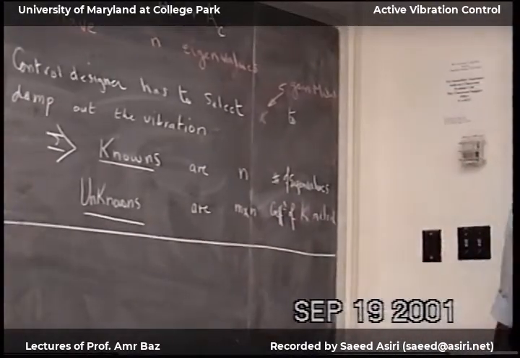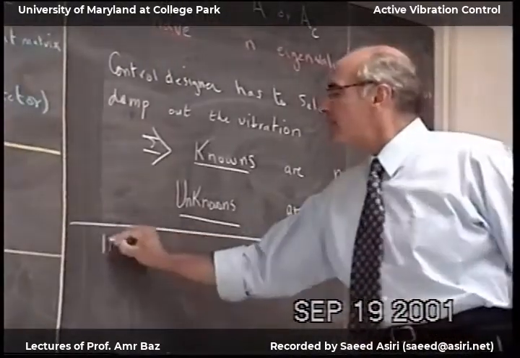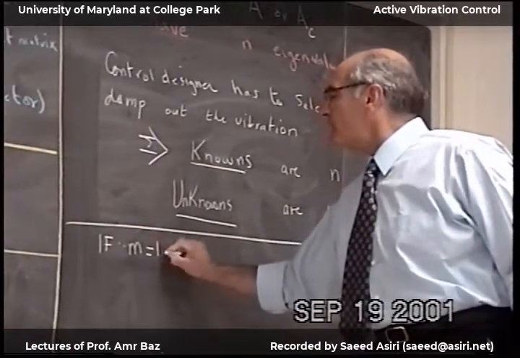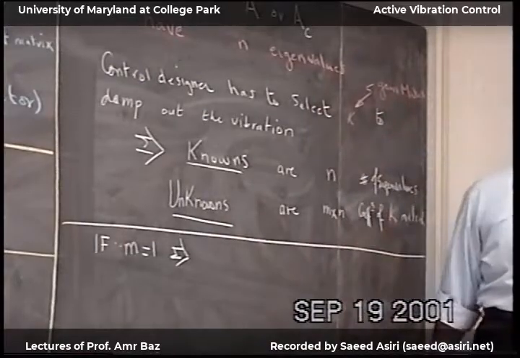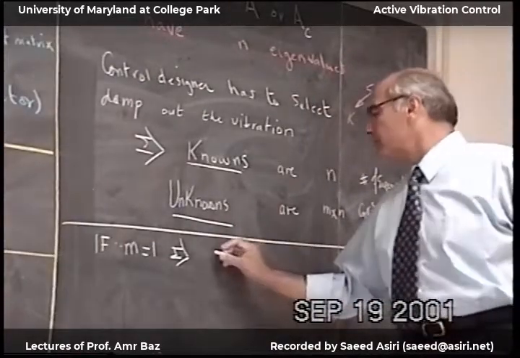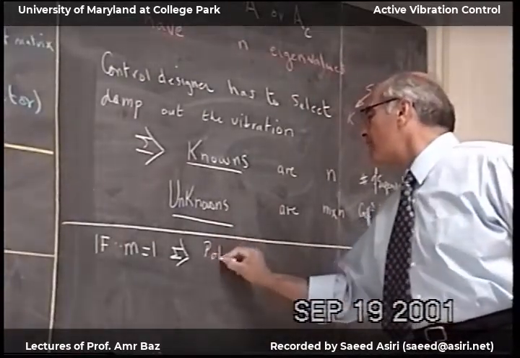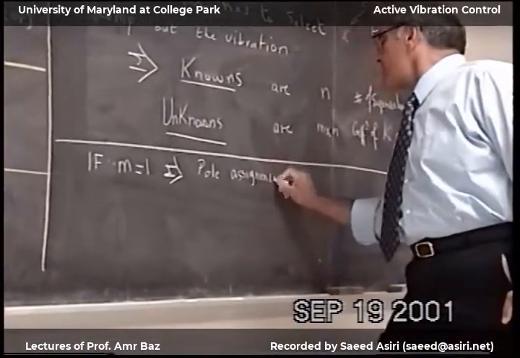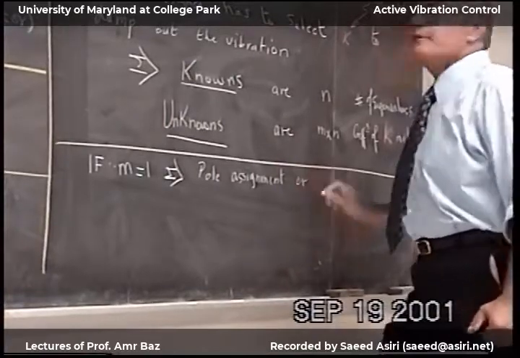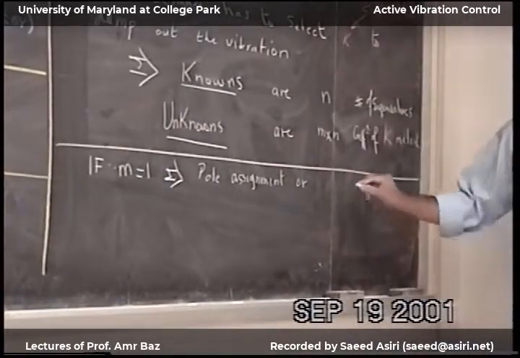So now, if m is equal to 1, then this problem reduces to a very simple case called the pole assignment or pole allocation method.